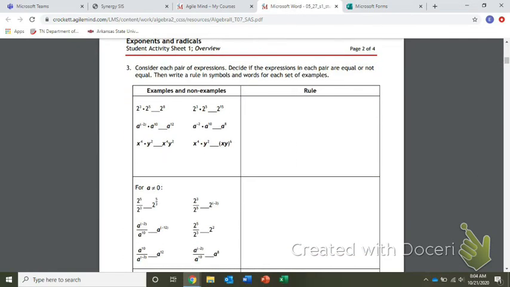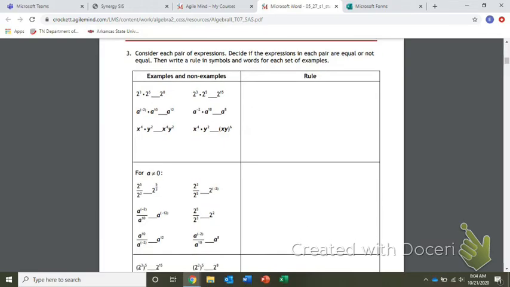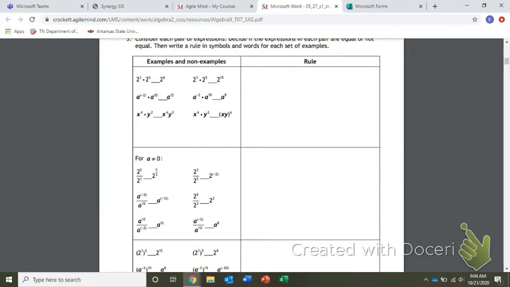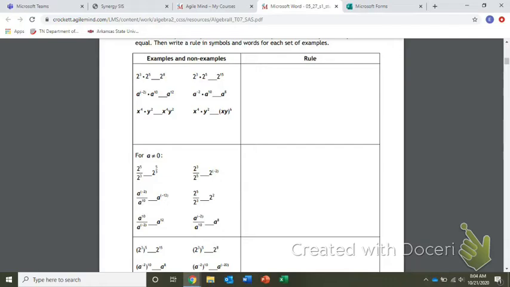Exponents and radicals have rules, okay? You will have a quiz on Friday over these rules. So what you'll have to do is choose which rule goes with each thing.